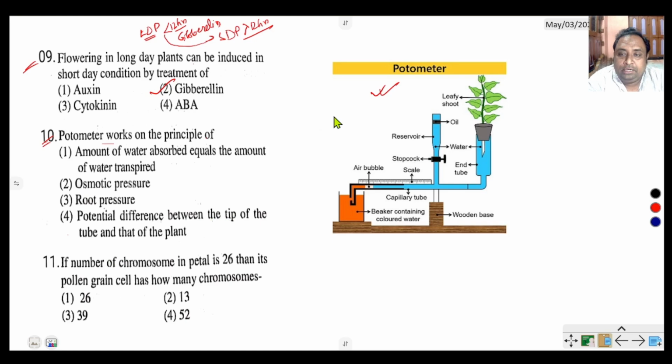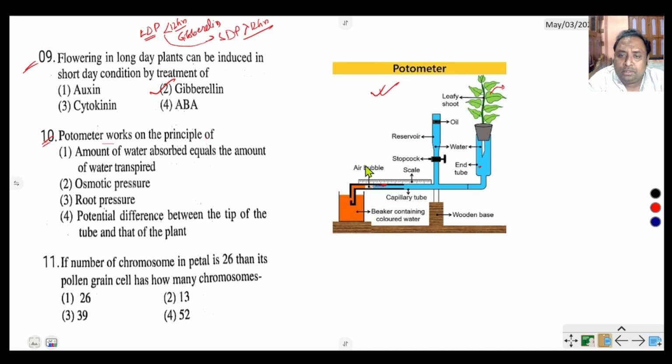Actually, a potometer is used to determine the rate of transpiration through a plant. So here, when transpiration occurs through the leaf, the plant absorbs water from this tube, and this air bubble also moves from here to in front of this.